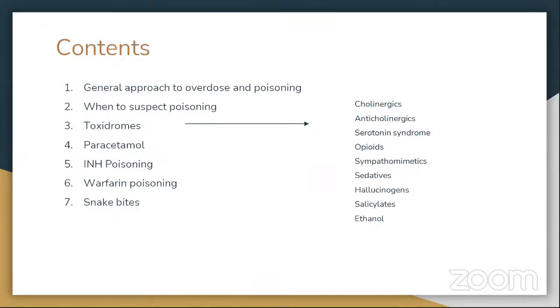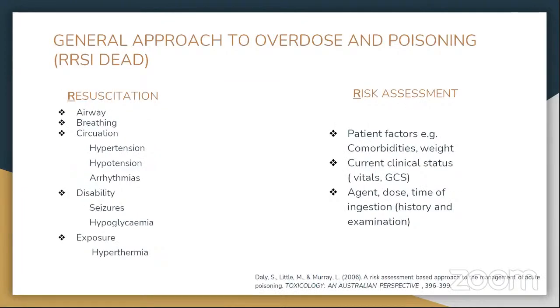What would you do if you get a patient like this, and how to have a structured approach, when to suspect poisoning, especially if you don't have a history, the different types of toxidromes, shown here, the cholinergics, anticholinergics, and so forth. We're also going to go through paracetamol overdose, INH poisoning, warfarin poisoning, and then we'll just touch on snake bites as well.